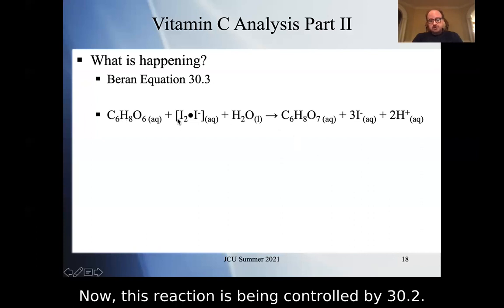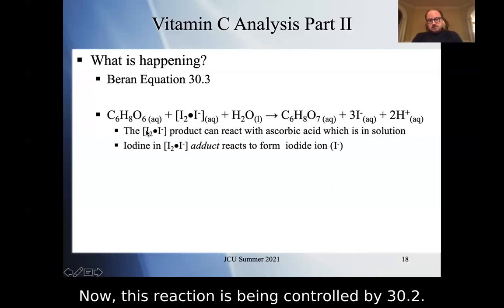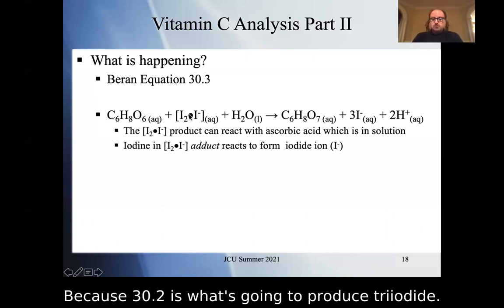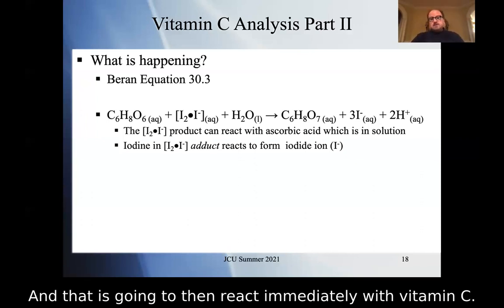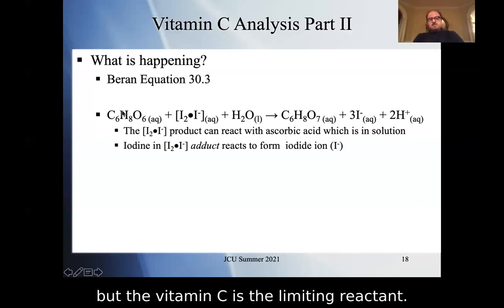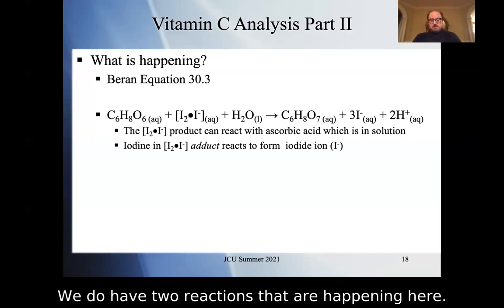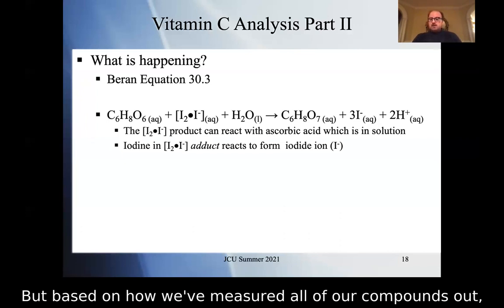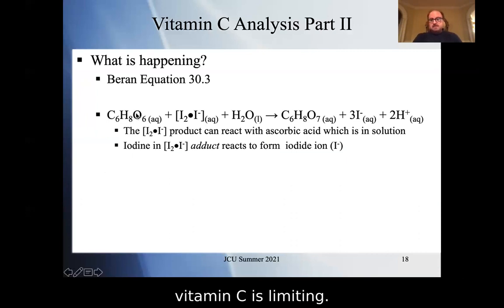Now, this reaction is being controlled by 30.2 because 30.2 is what's going to produce triiodide, and that is going to then react immediately with vitamin C. Now, it turns out, and you can go through and check this yourself if you want, but the vitamin C is the limiting reactant, right? We do have two reactions that are happening here, but based on how we've measured all of our compounds out, vitamin C is limiting.